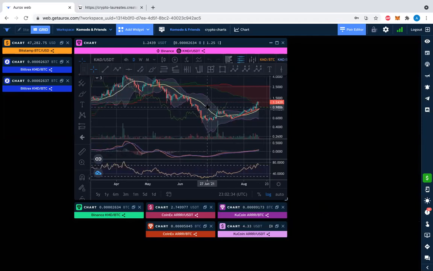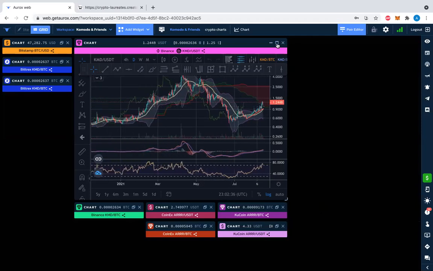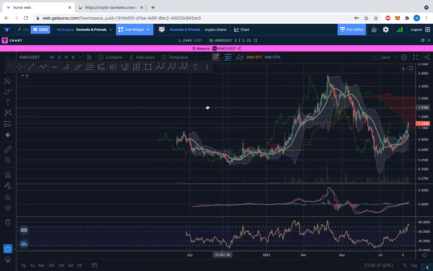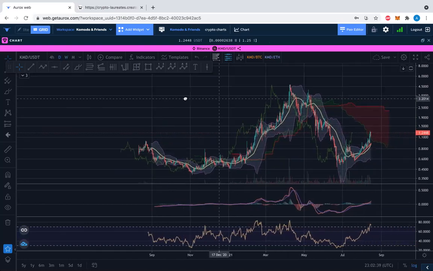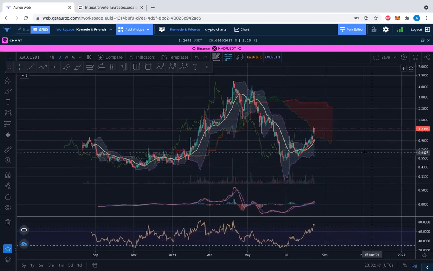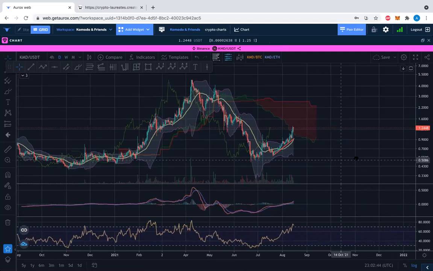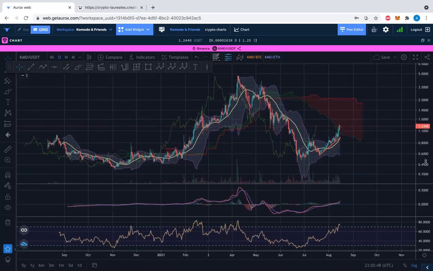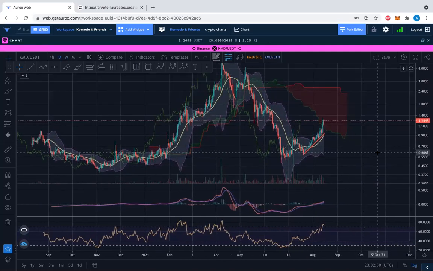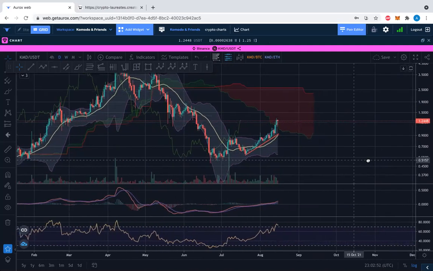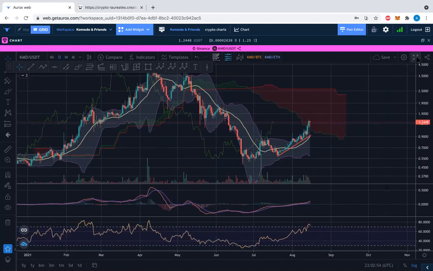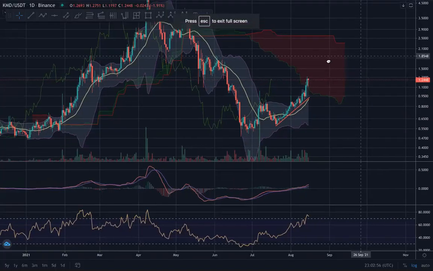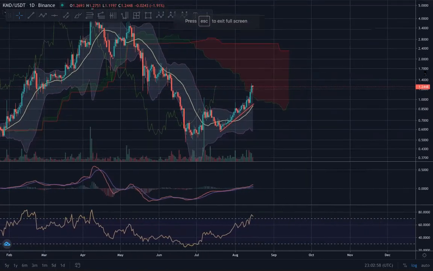Amazing. Well, it seems like the spirits of charts want us to see the KMD USDT price chart. Here is the daily. I had a quick peek at the KMD BTC before this, but now it's a similar thing.